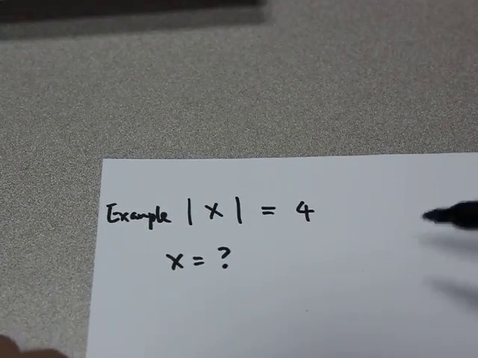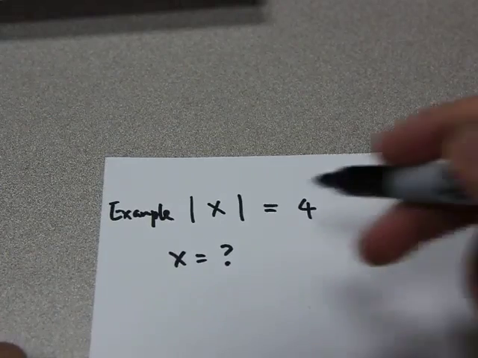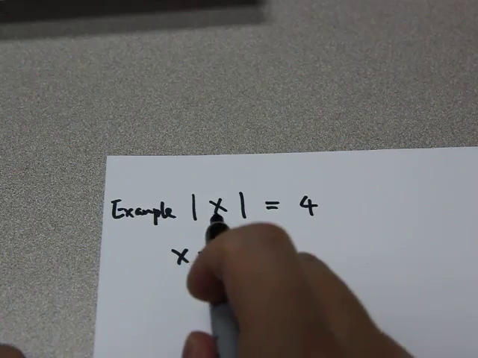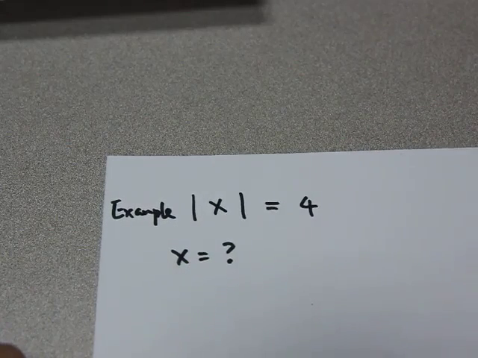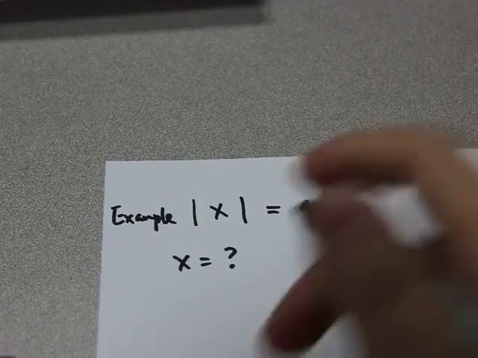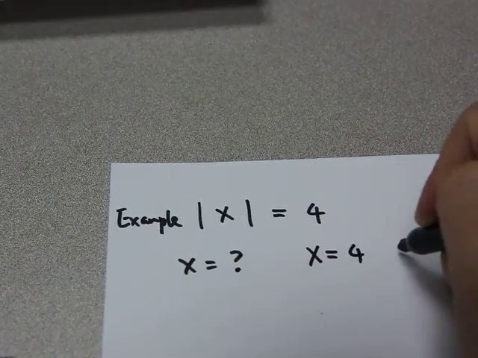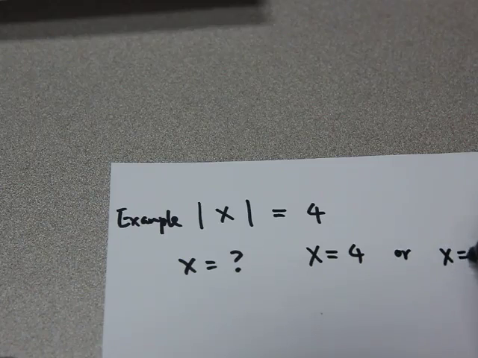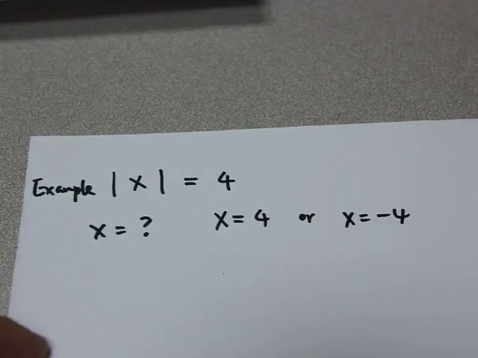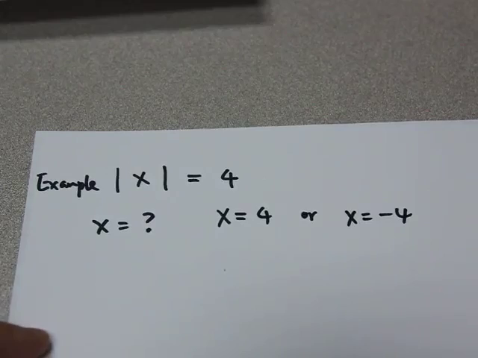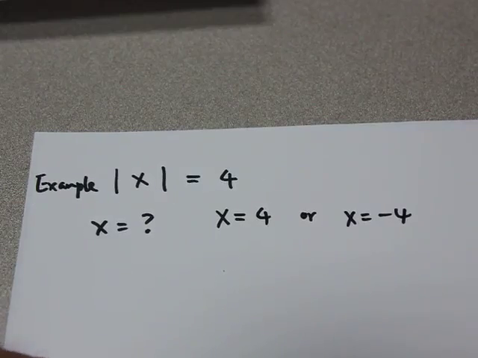Now, according to the definition of absolute value, we know that x could be 4, or x could be negative 4. So, therefore, we have two solutions: x equals 4 or x equals negative 4, right?